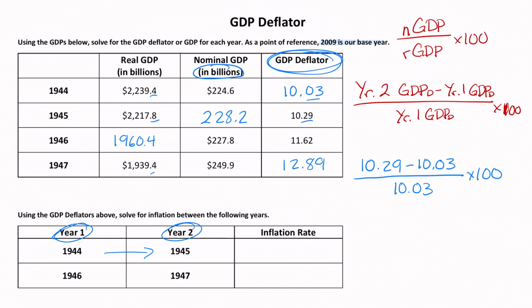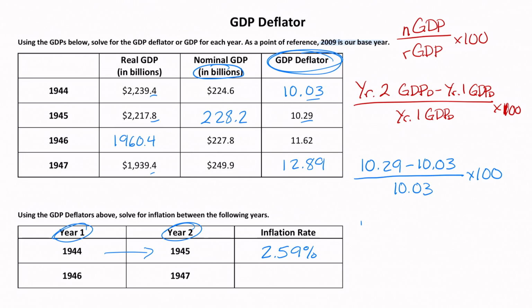We just plug that into a calculator, and we get a percentage of 2.58. And what that means is between 1944 and 1945, our inflation rate was 2.59%. And that should make sense to us because we said between 1 and 3 is normal, in a normal everyday, normal economy, right?